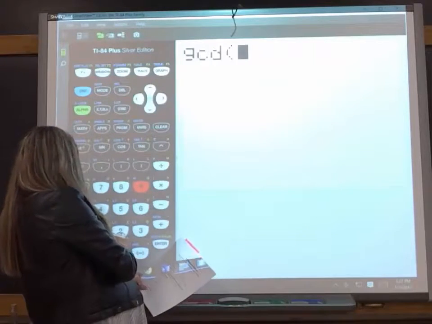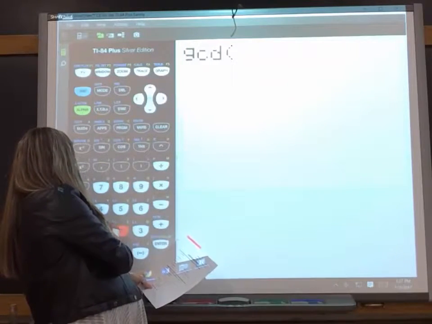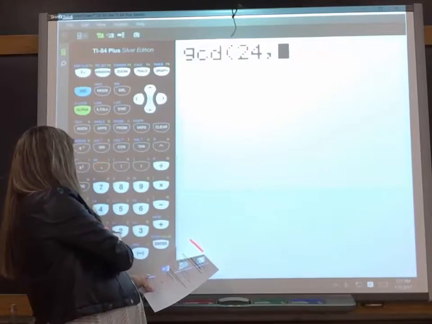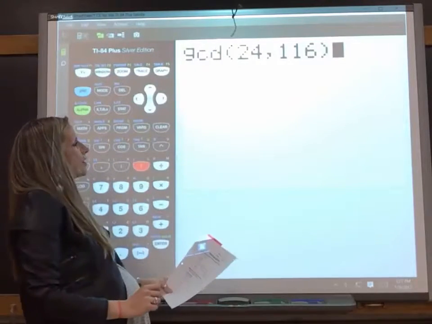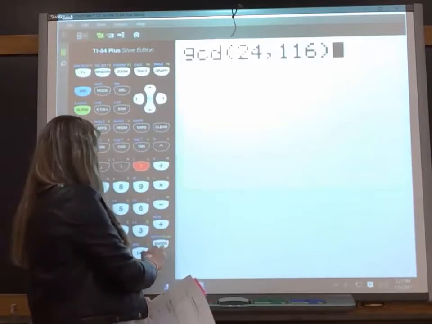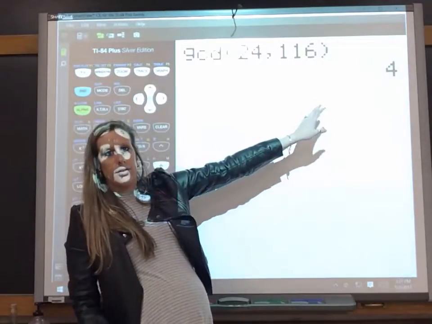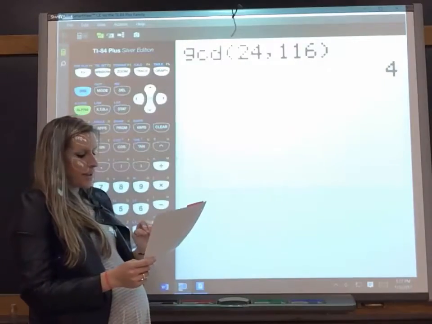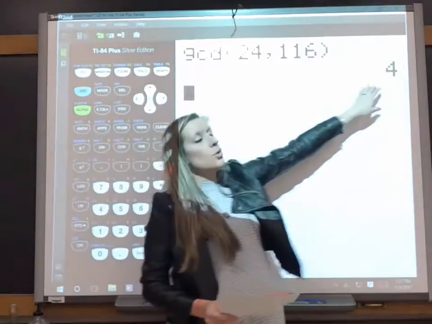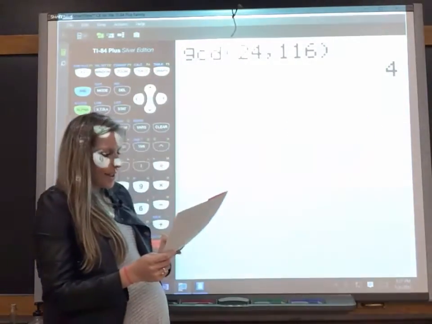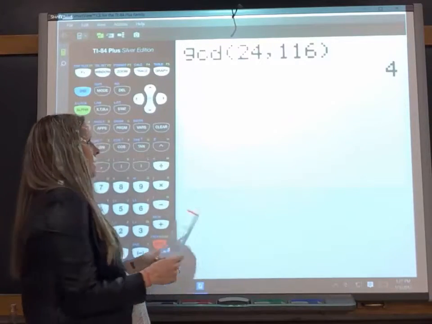So we want to find the greatest common factor of the first two numbers, 24 and 116. Press enter, and it's 4. Now I'm going to find the greatest common factor of 4, what I got here, and that last number, 168.